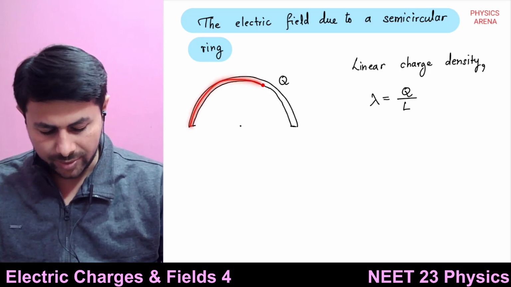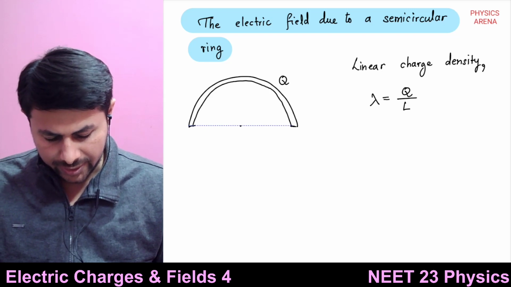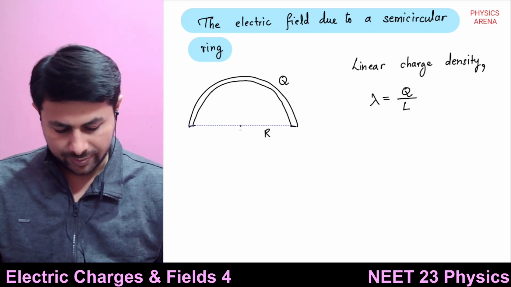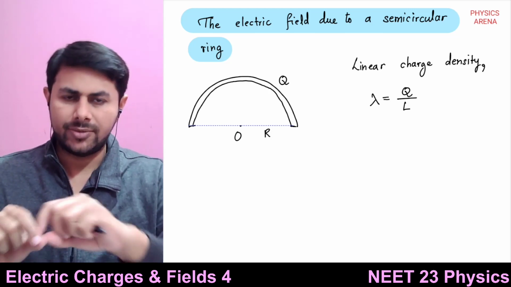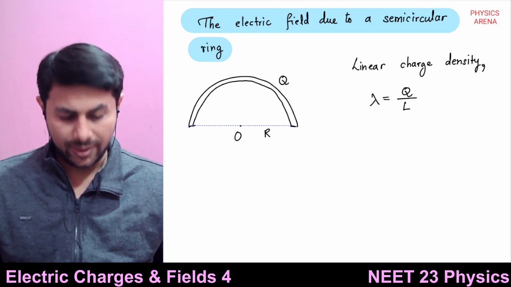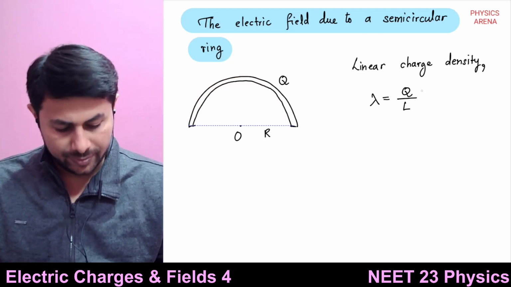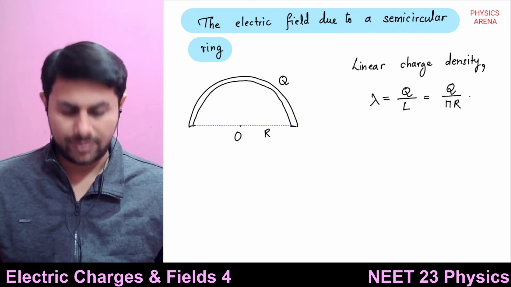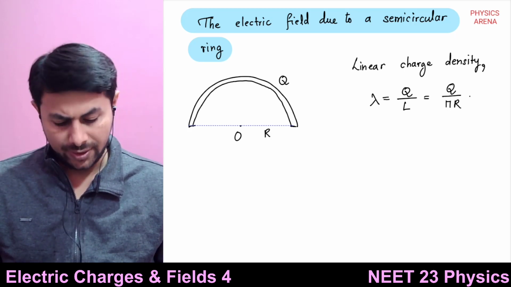How much is the length of this ring? If capital R is the radius, then for a full circle the length would be 2 pi r. This is a semicircle, that's why the length is pi r. So lambda is q divided by pi multiplied by r.